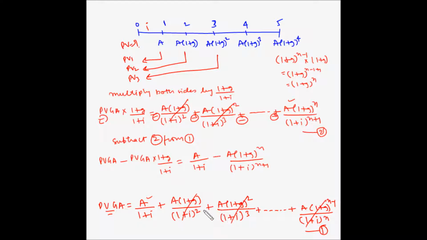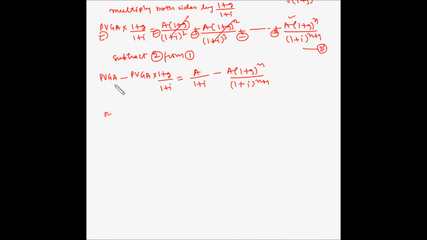Let me erase this here. So let's take this present value as common. So PVGA into bracket 1 minus 1 plus g divided by 1 plus i is equal to, now here let's take A divided by 1 plus i as common.